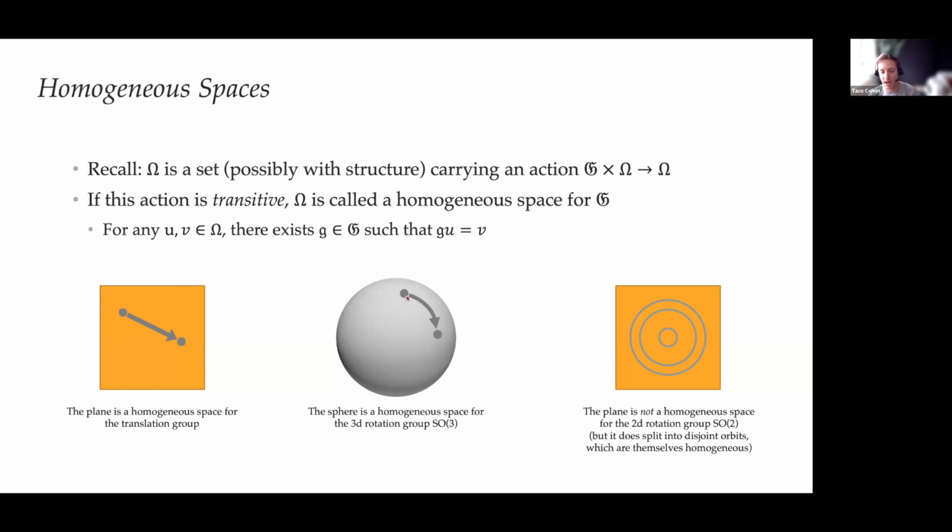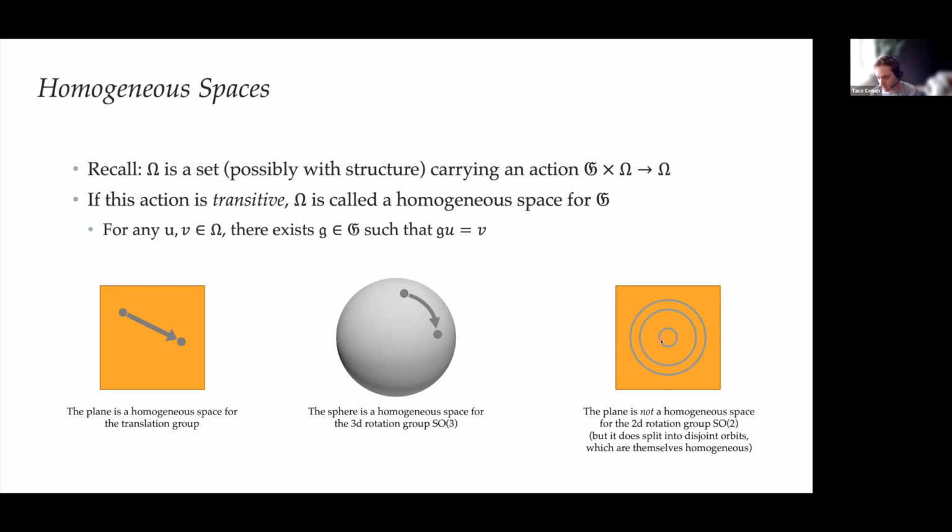Similarly, for the sphere, if we have any 2 points, we can always find a continuous rotation that maps one to the other. So the sphere is a homogeneous space for the 3D rotation group SO3. Now here on the right, you see a counterexample. If we have the plane, but we consider as our group of symmetries only the 2D rotation group, so rotations around the center of the plane, around the origin, then of course, if you have any 2 points that have the same distance to the origin, we can rotate one into the other.